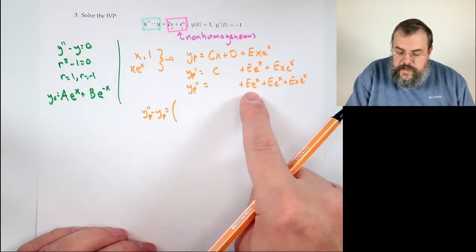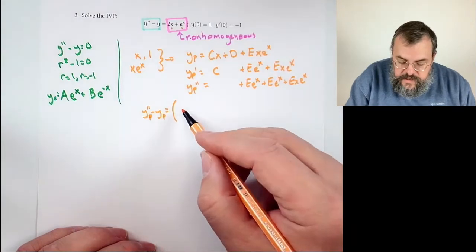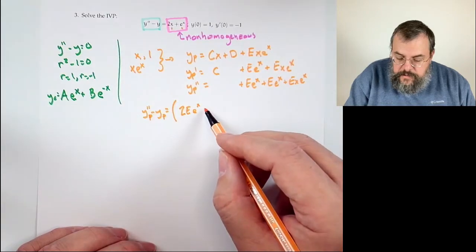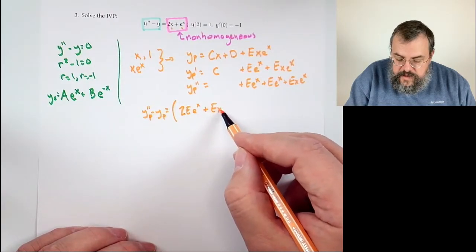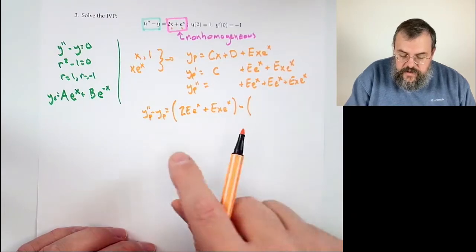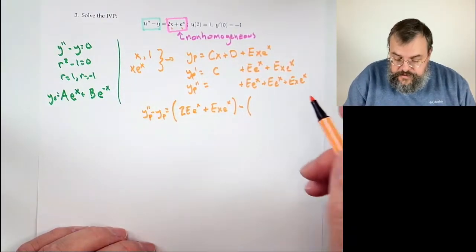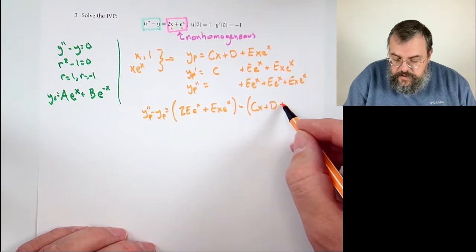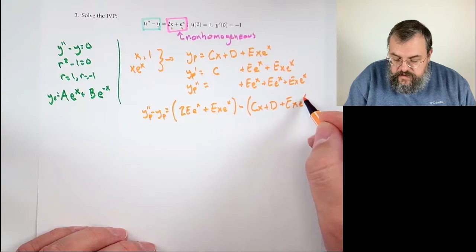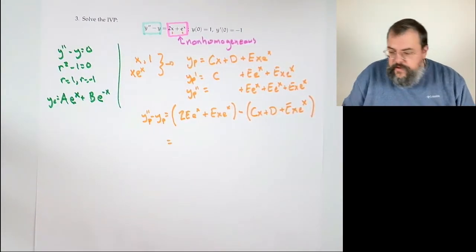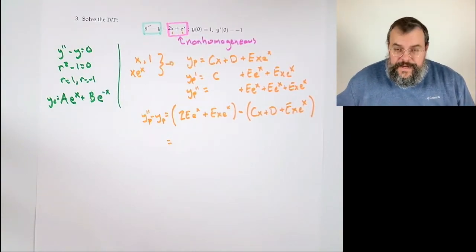Here, we have 2e times e to the x plus e times x e to the x, subtract our particular solution, c times x plus d plus e times x e to the x. And if we've lived a good life, things should simplify.